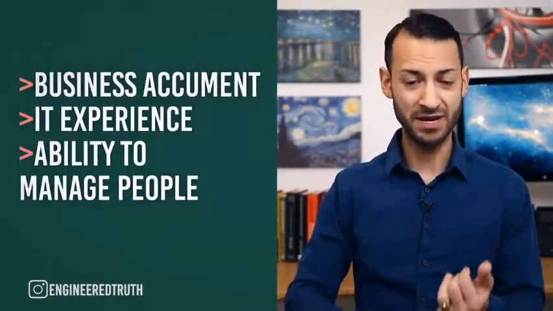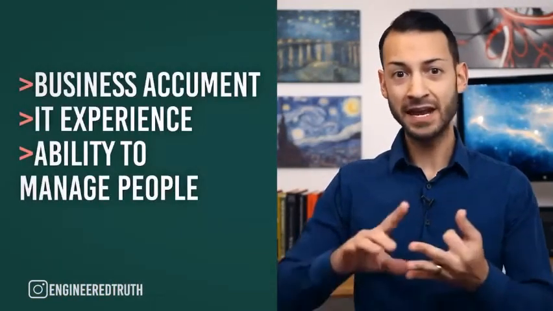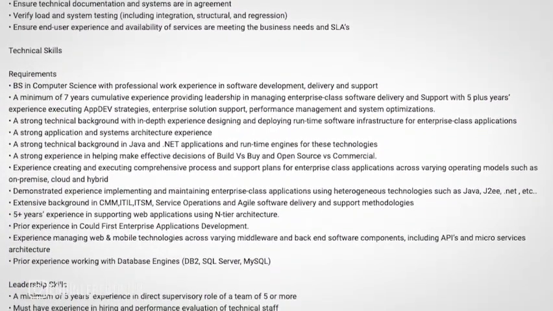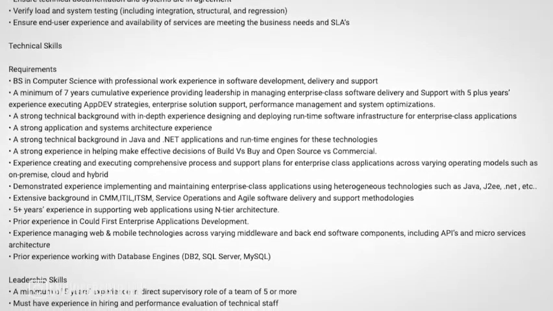First of all, for this position, you are going to need a lot of business acumen, IT experience, and ability to manage people. Usually, these kind of guys are pulling in multiple decades worth of experience potentially. Now, this one in particular starts at about 7 years with all the education requirements you can see in that listing as well. However, let's be very specific.